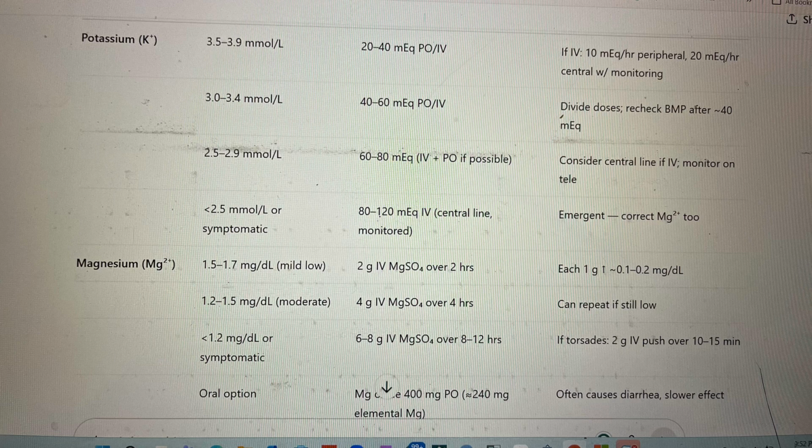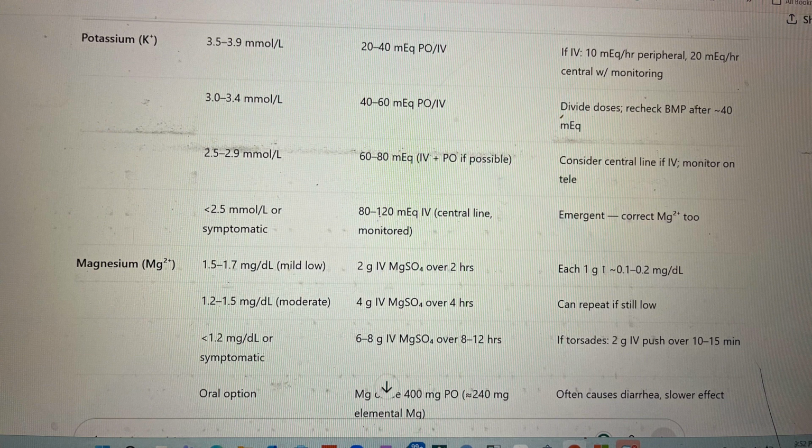Let's talk about how much magnesium will increase if you give 1 gram of IV magnesium sulfate. It would raise magnesium by 0.1 to 0.2. So for every 1 gram, which is 1000 milligrams, magnesium would rise by 0.1 to 0.2.